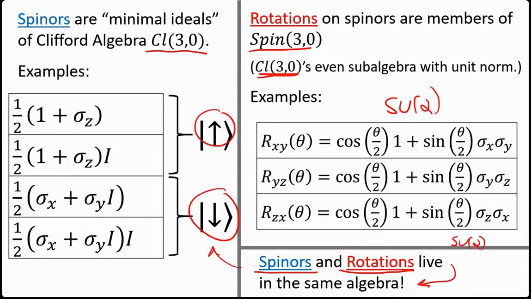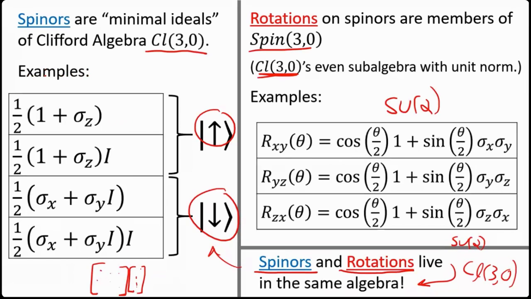Normally you think of a vector and a matrix as two completely different things, right? But spinors and rotations live inside the same algebra, side by side, which is interesting. I was going to show the chiral spinors next in space-time, CL13, but are there questions before I do? We're almost at the end, I promise.